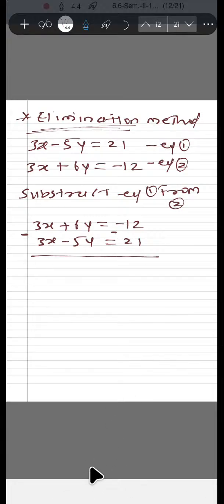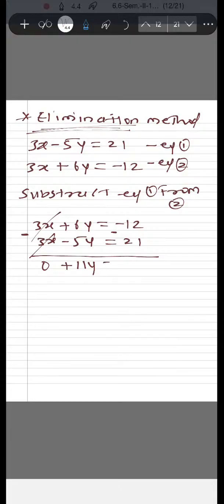Therefore see what will happen: the 3x will get cancelled, so the answer here is 0. The minus becomes plus, which means plus 11y. Again, negative 12 minus 21 gives negative 33.